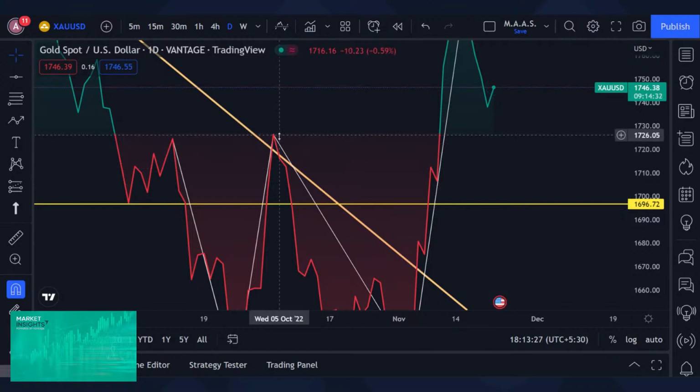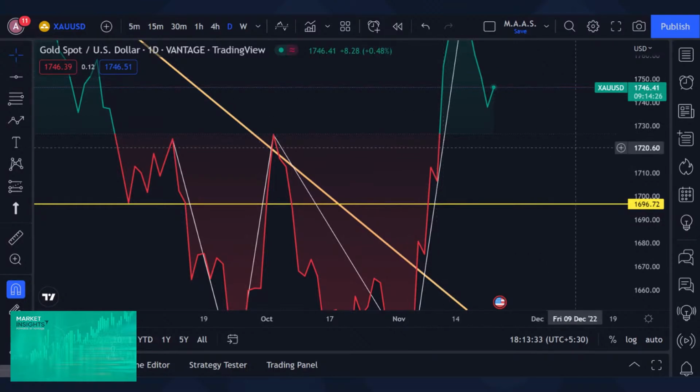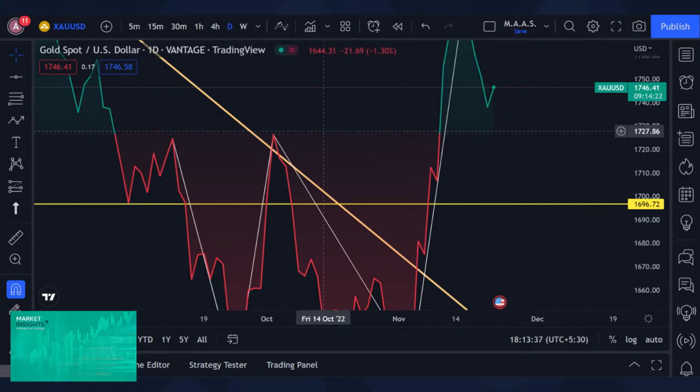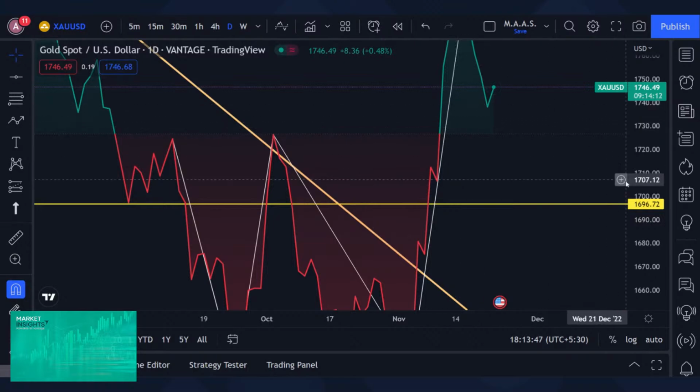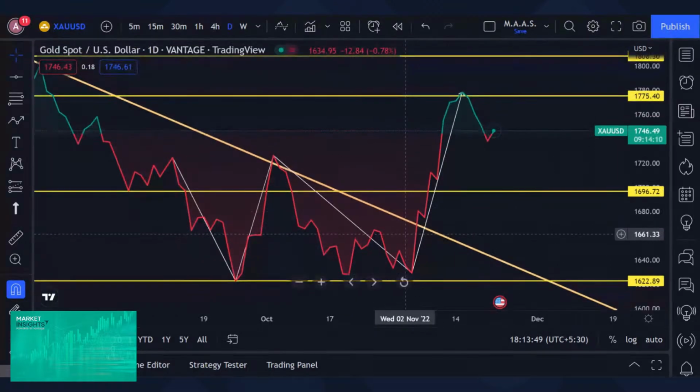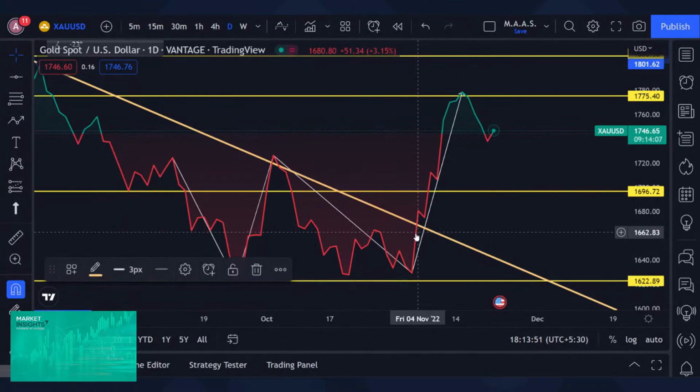With an inbuilt pivot, if the price action appears to be above that particular pivot, which in this case is somewhere around 1726, that is going to be the neckline for this double bottom if you consider it, right? And if it breaks this particular level 1726, then we have got a very good breakout. Leave this trend line. The trend line already broke, and we have already seen a very good up move.